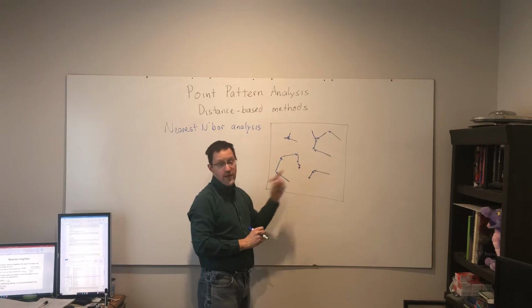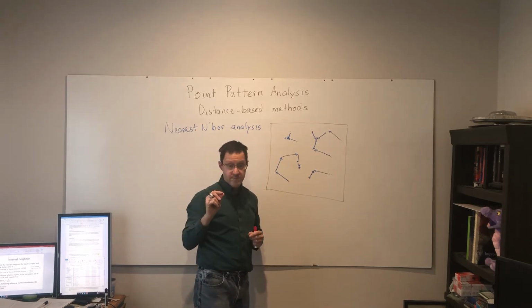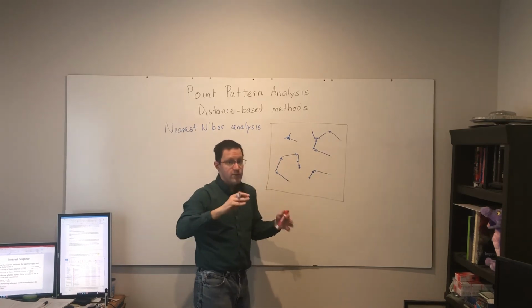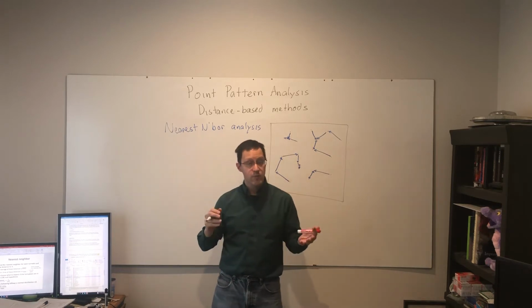So I measured the length of every single one of those arrows. That would be the distribution of all of the nearest neighbor distances.